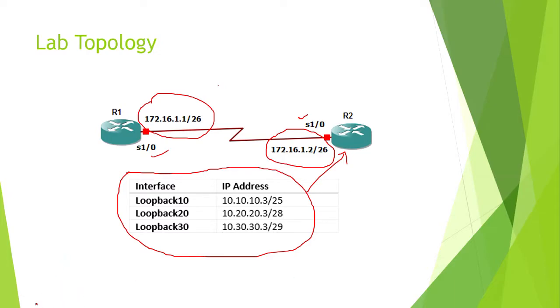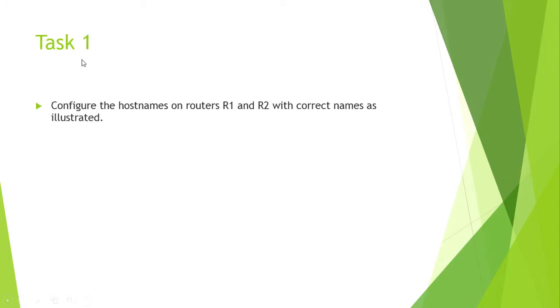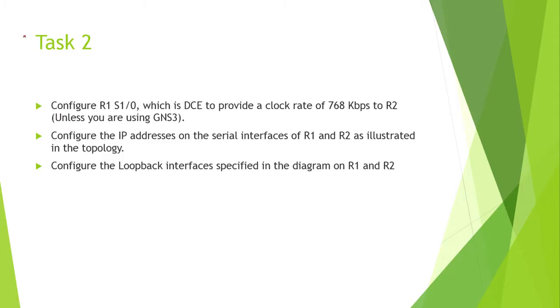Let's start with how many tasks we are going to perform in today's lab. Task 1: R1 and R2 must have the host names R1 and R2. Task 2: configure the serial interfaces on R1 and R2 as illustrated in the topology, and also assign the loopback interfaces.